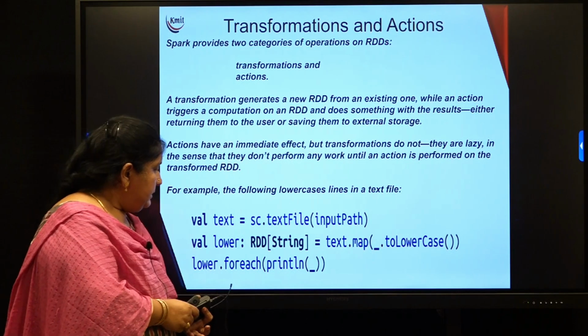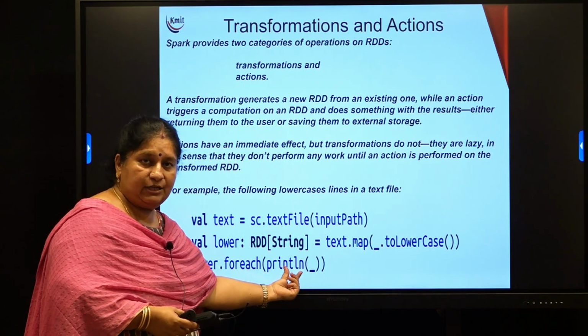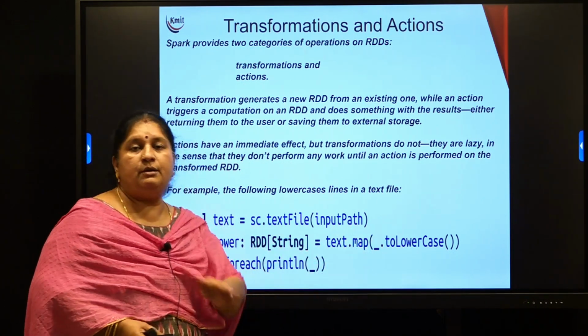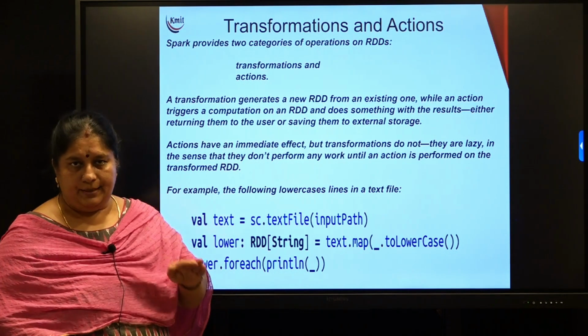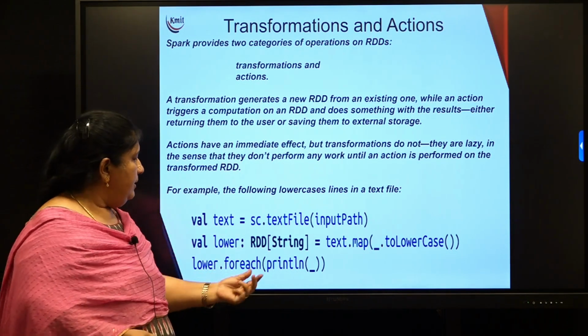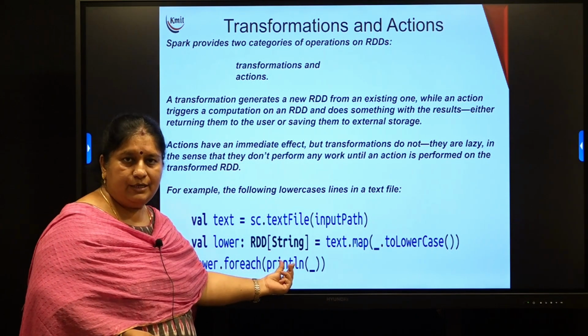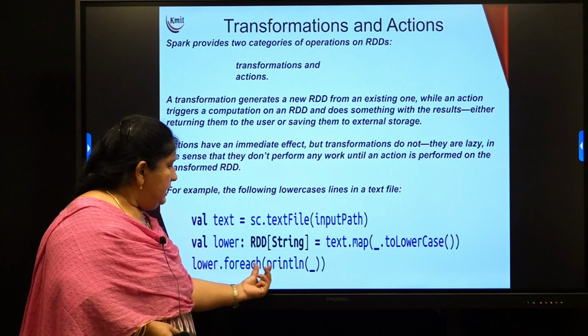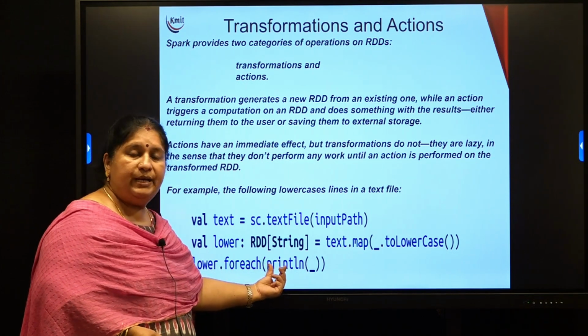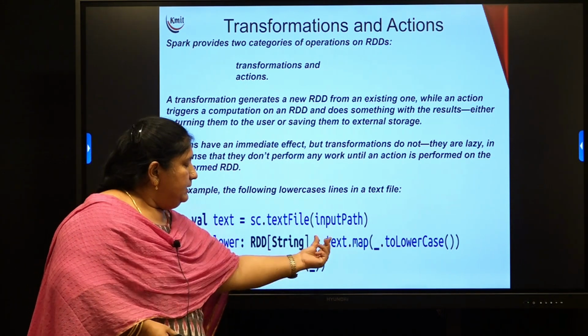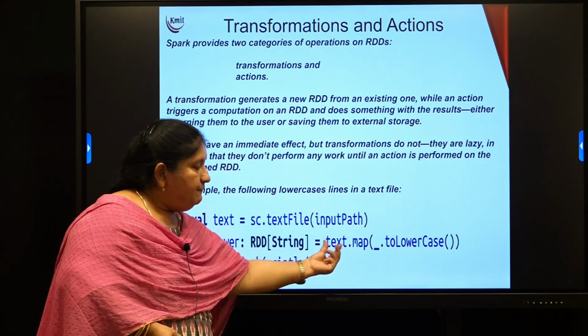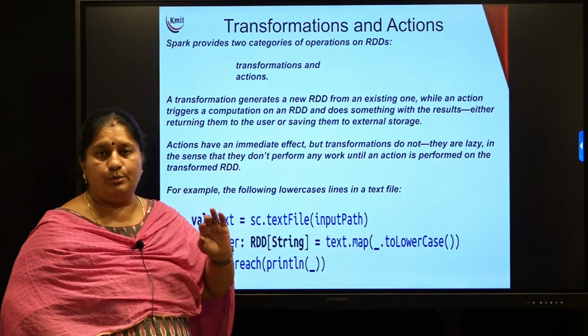Now, unless we specify this action, the transformation will not take place. Try to understand, whenever I say please print the lines which are converted into lowercase, unless the control comes to this print line statement, the text which was read from the file will not be transformed into lowercase.